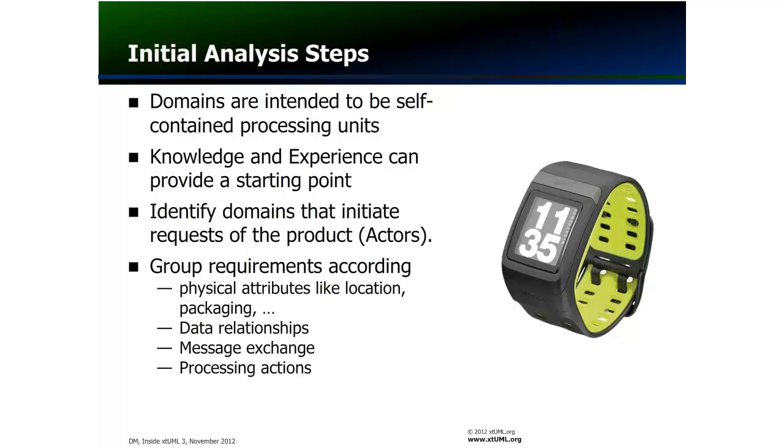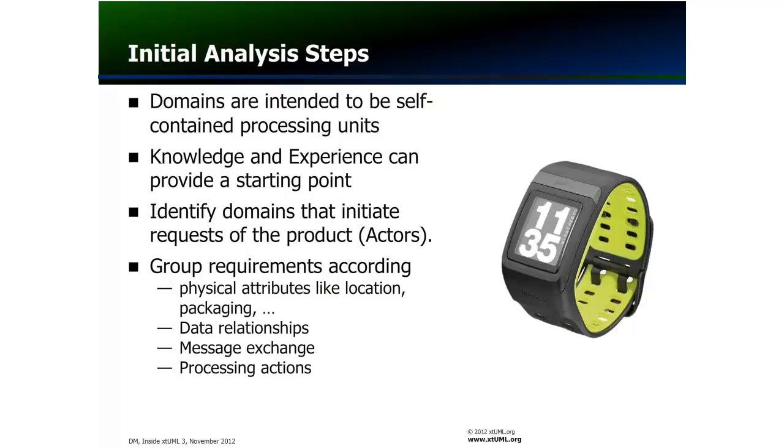In the case of our runner's watch, the primary actor is the runner, which creates motion, button presses, and paces for the heartbeat sensor. A second source of actors are the related services that respond to requests. And for the watch, that might be something like a computer that accepts data after a training session, or a pulse sensor with adjustable gain.